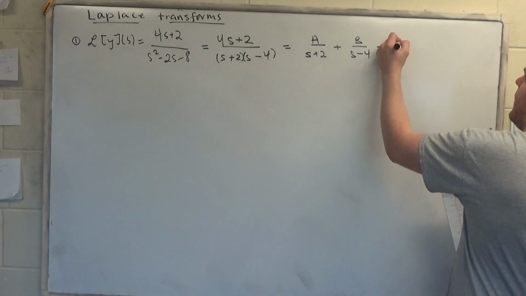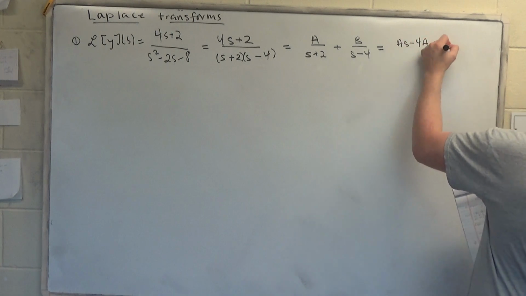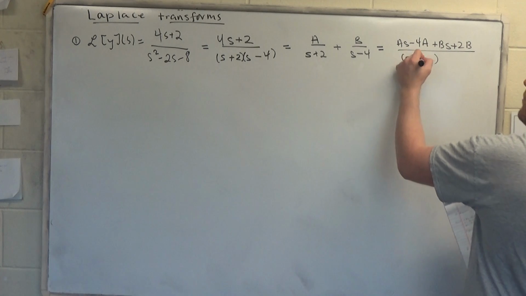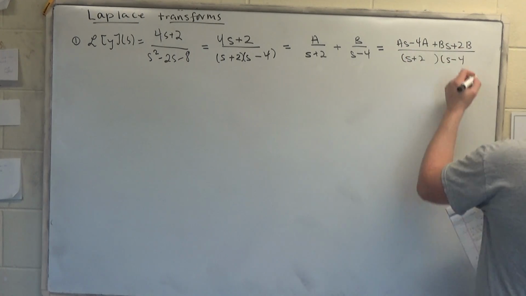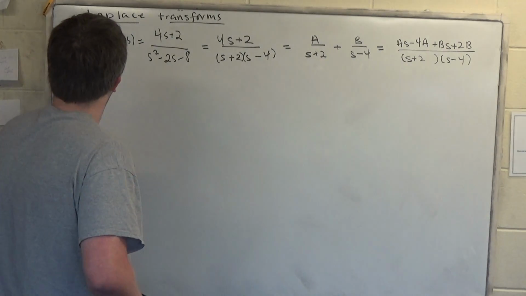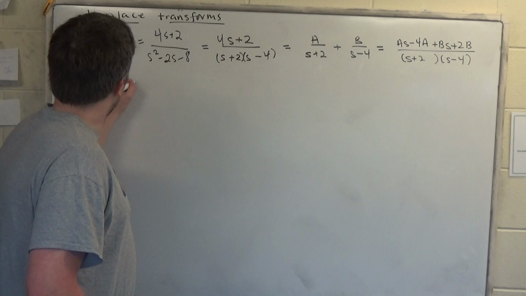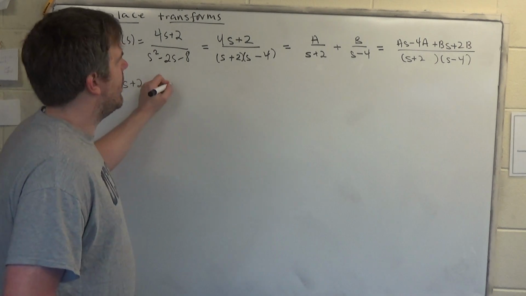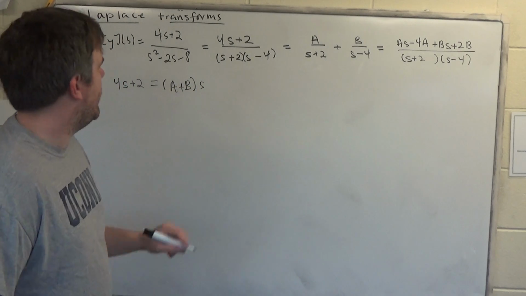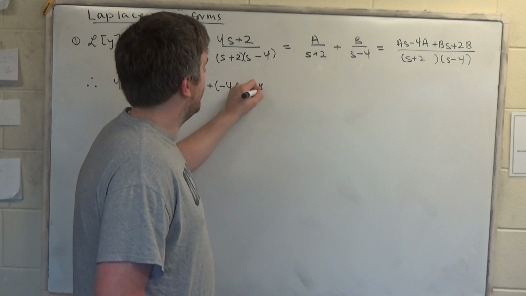So we're going to get (as - 4a + bs + 2b) over this product, (s + 2)(s - 4). And so we get the following. 4s + 2 should equal, collecting terms into a polynomial in s, (a + b)s + (-4a + 2b).